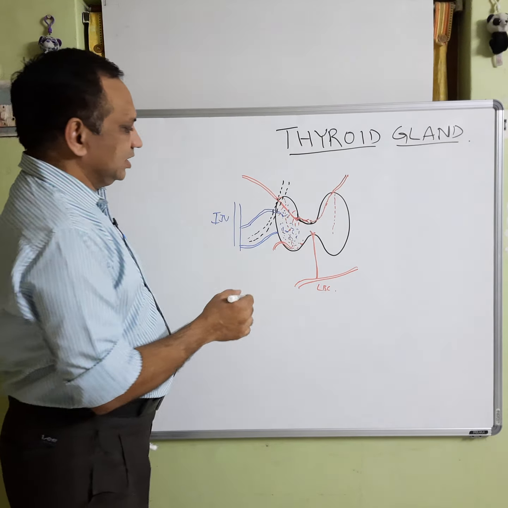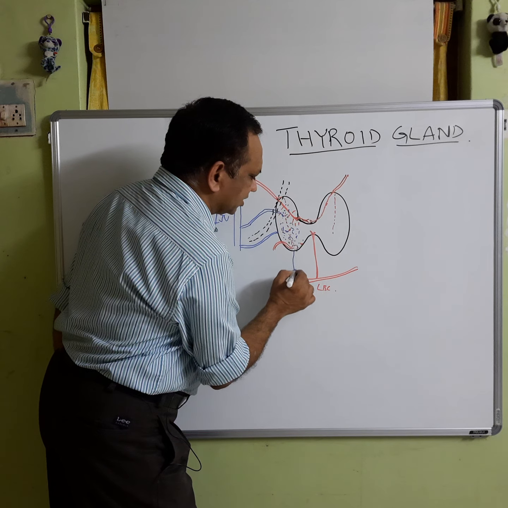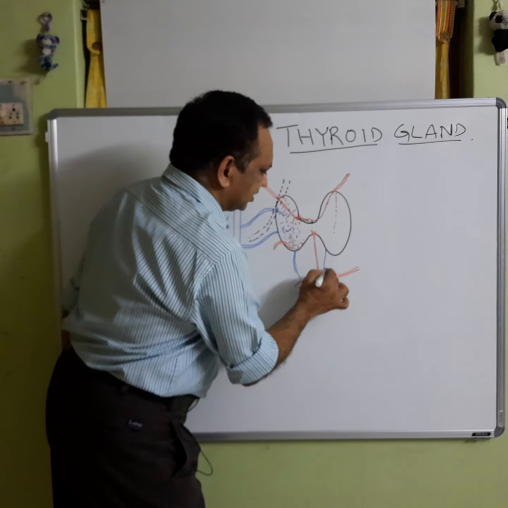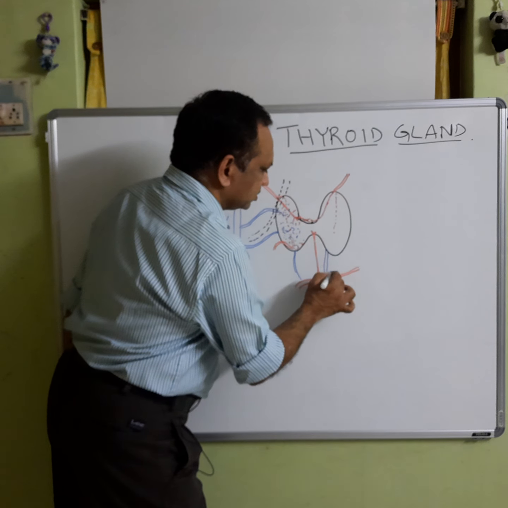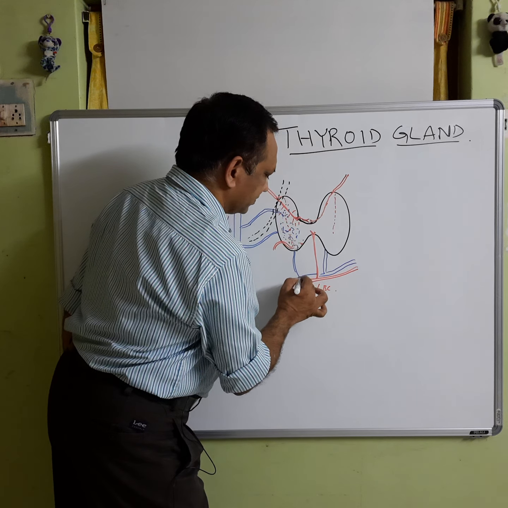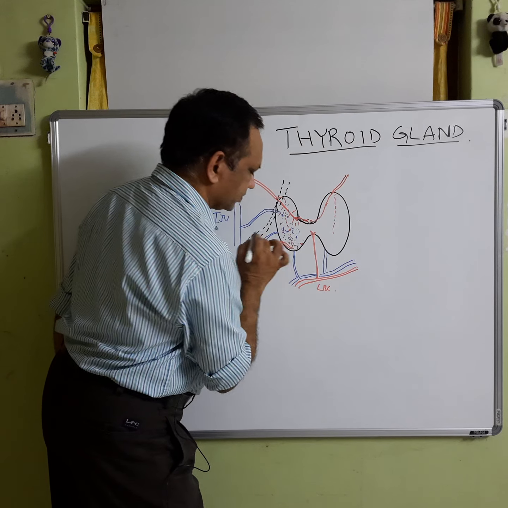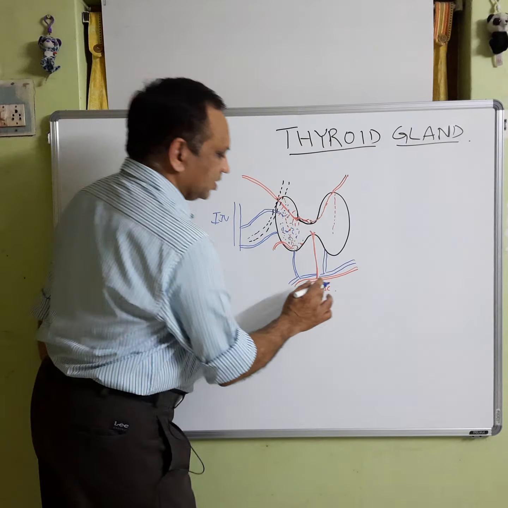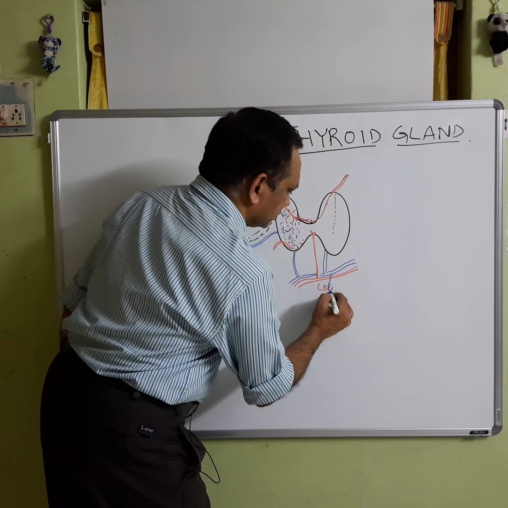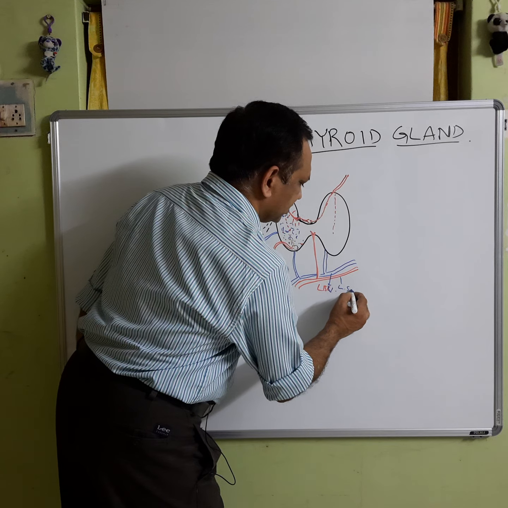And many branches from the lower part, they form inferior thyroid vein. The inferior thyroid veins of both sides join the brachiocephalic vein of the left side. This is the left brachiocephalic vein, and this is the left subclavian artery.